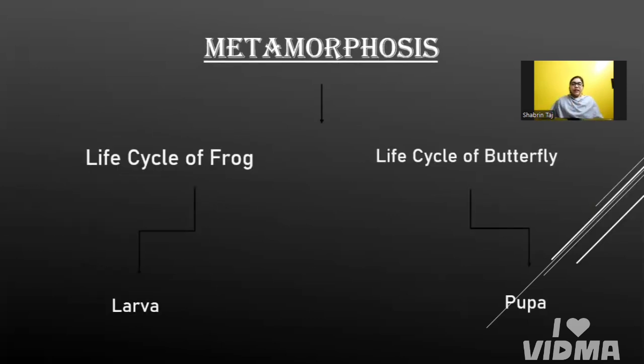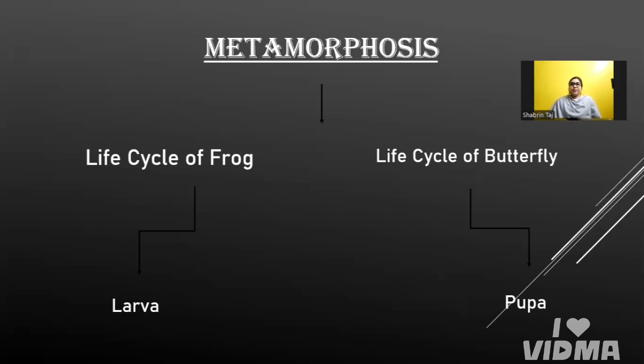So, in today's class, we studied what metamorphosis is, what the larval stage is, and what the pupa stage is, by considering the life cycle of the frog and the life cycle of the butterfly. Now, let us sum up. Metamorphosis is a biological process in living organisms in which there is a sudden change from the larval stage to the adult stage.